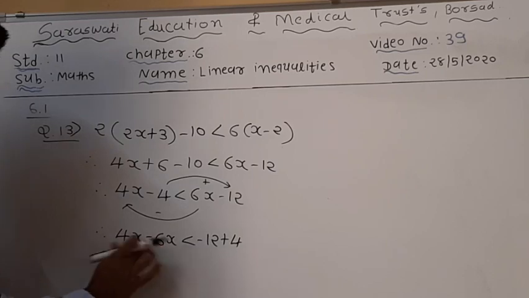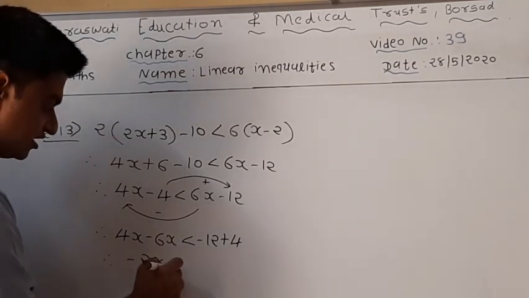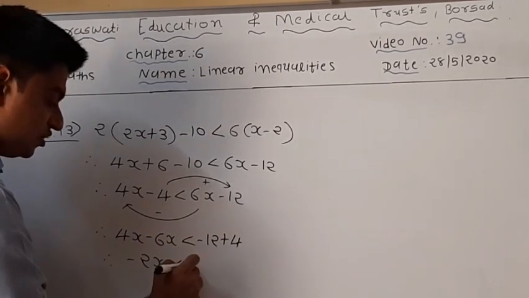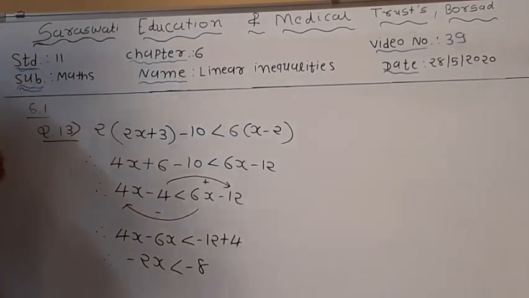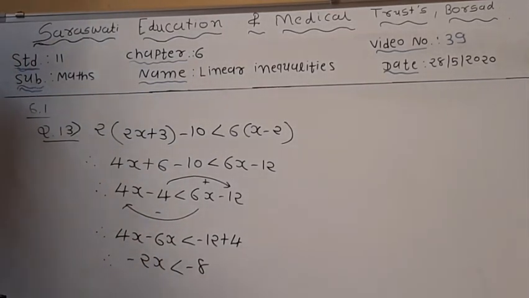Simplify this. 4x minus 6x, that means minus 2x, less than minus 12 plus 4, that means minus 8. Now first remove this minus sign.